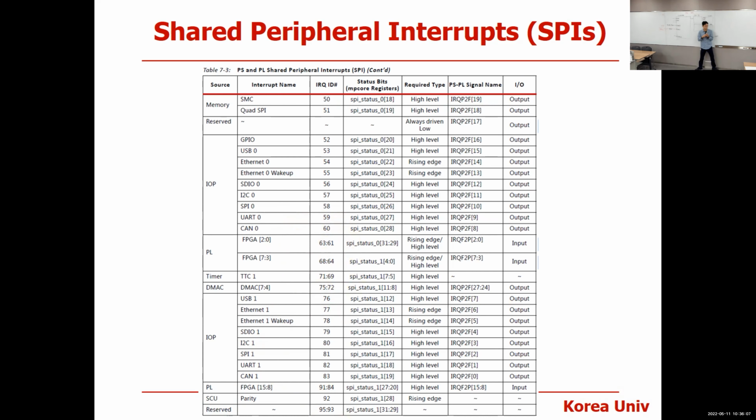61 to 68 IDs can come from your custom logic, and also from the PL you have 91 to 84, another 8. So some IDs can come from there.